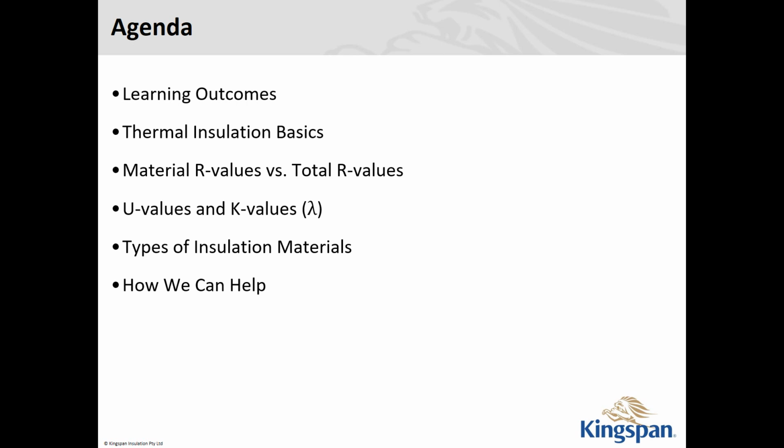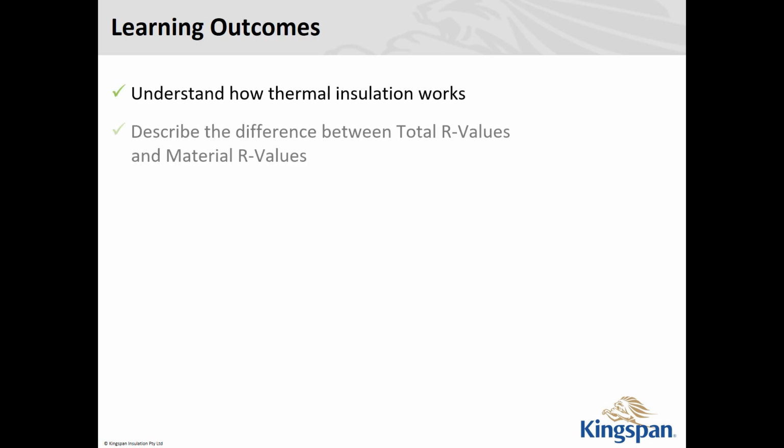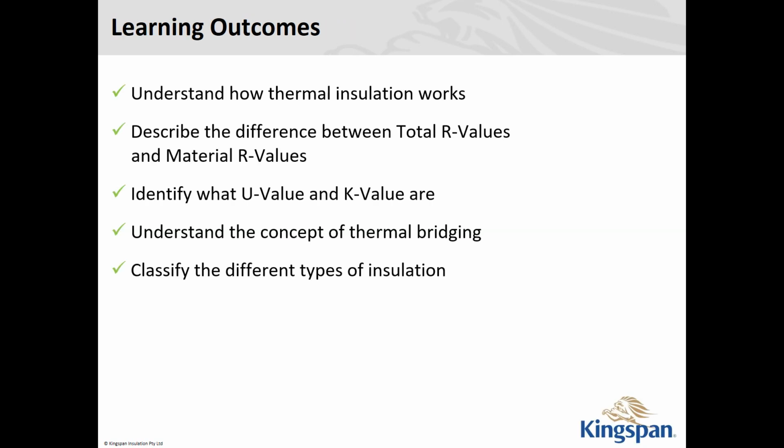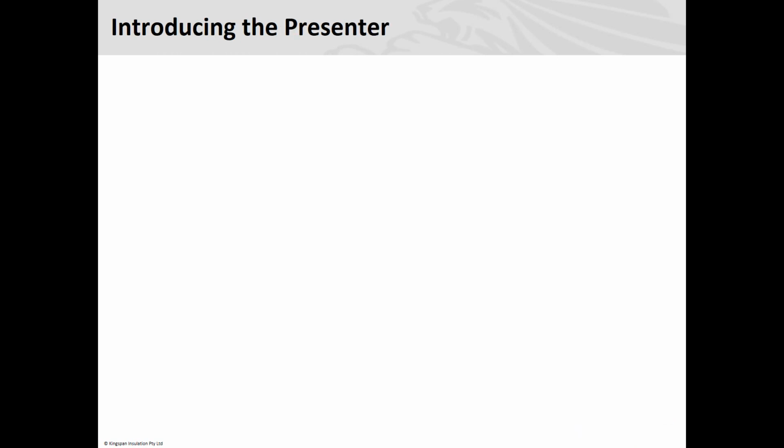Then types of insulation materials, and different ways that insulation companies and people are able to help you. Firstly, to understand how thermal insulation works, describe the differences between total R values and material R values, and identify the K values.